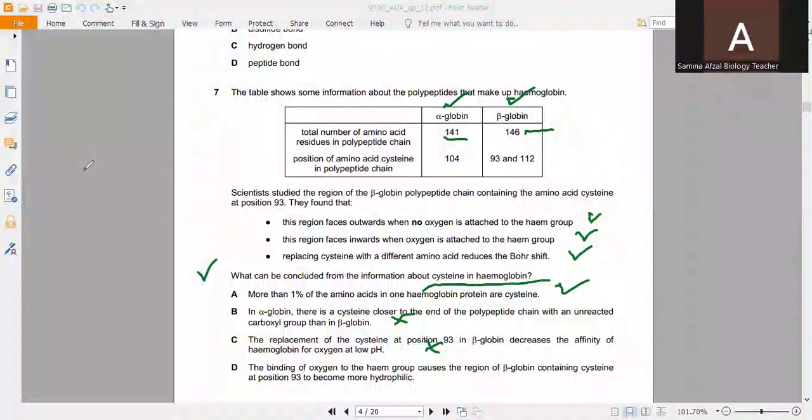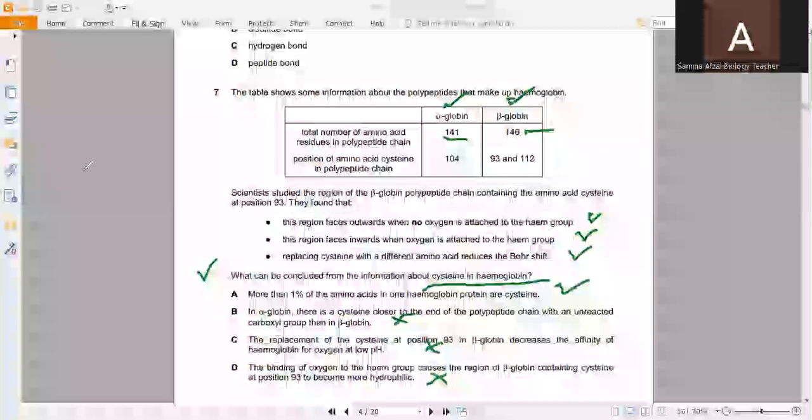The binding of the oxygen to the heme group causes the region of beta globin containing cysteine at position 93 to become more hydrophilic. This is again a wrong option, because the information provided leads us to conclude that the cysteine at position 93 is involved in the pH dependent oxygen binding of hemoglobin.